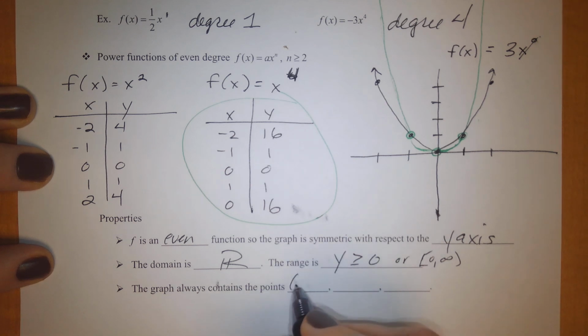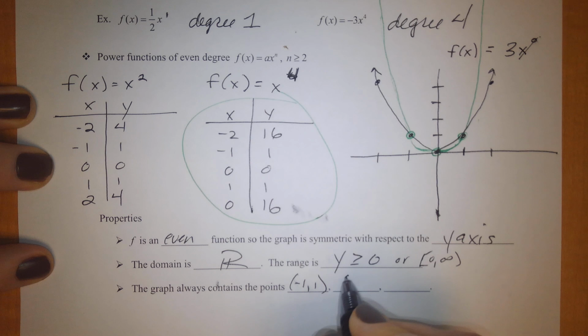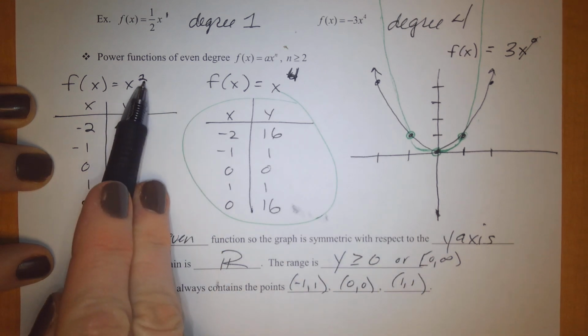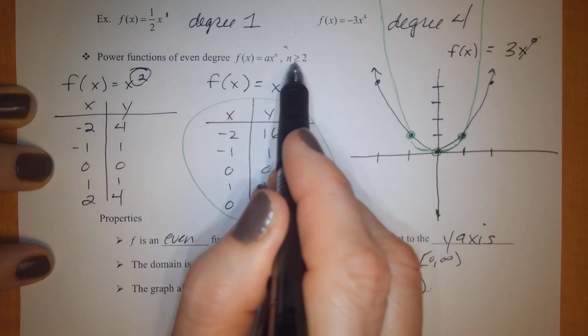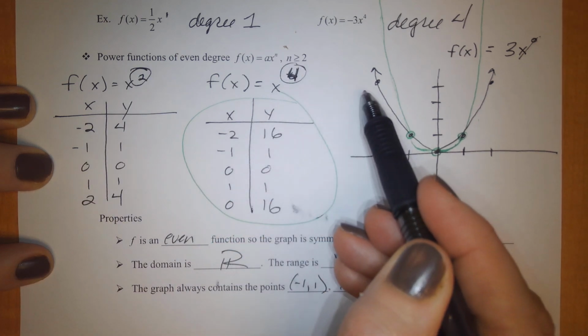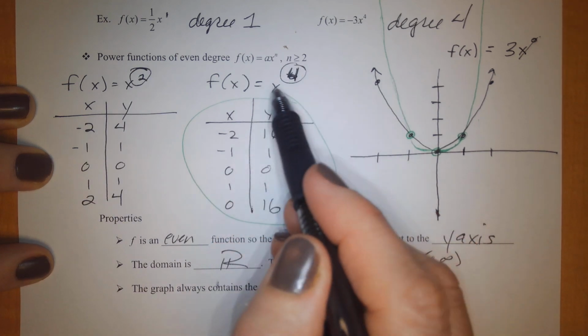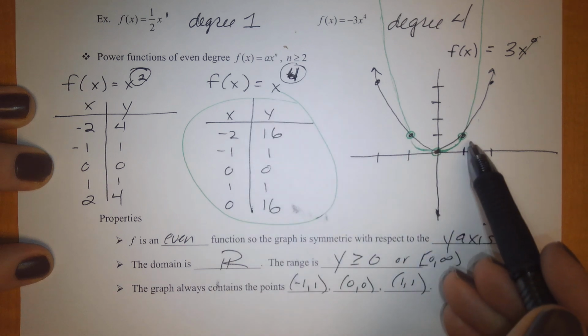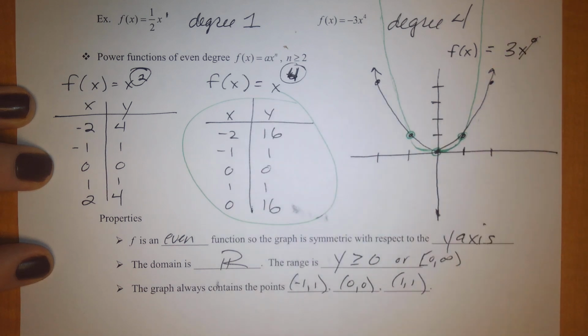And the graph will always contain negative 1, 1, the origin, and 1, 1. So regardless what power you take it to, whether it's 2, 4, 6, 8, 10, 12, 100, whatever, it will always contain these 3 points, and it will be a parabola.